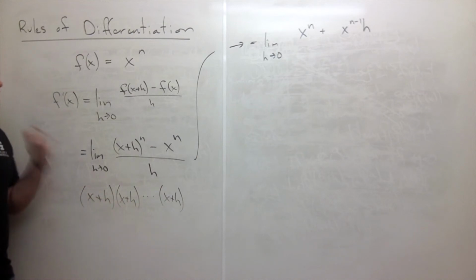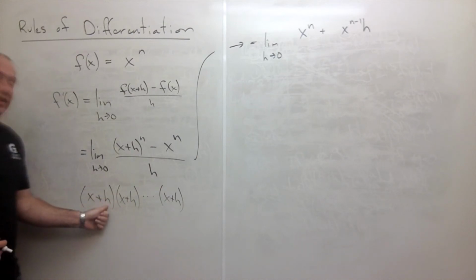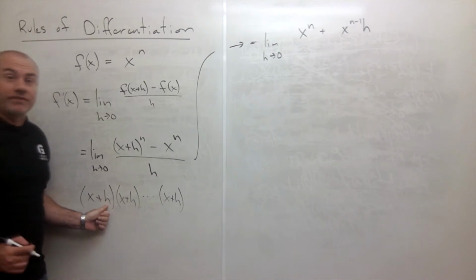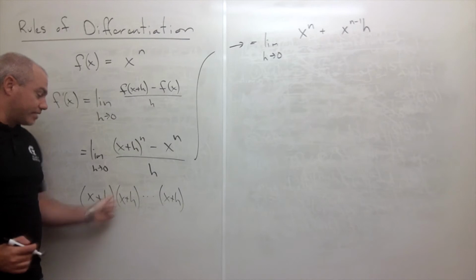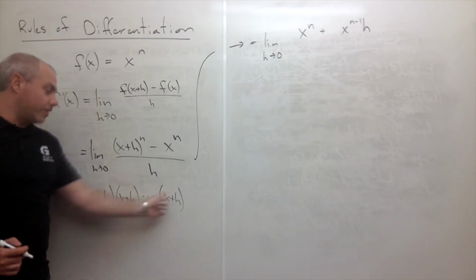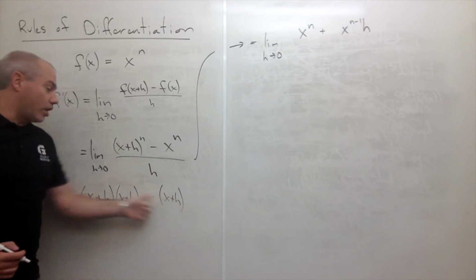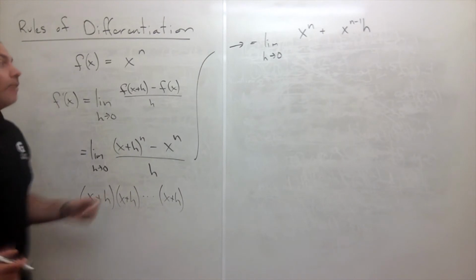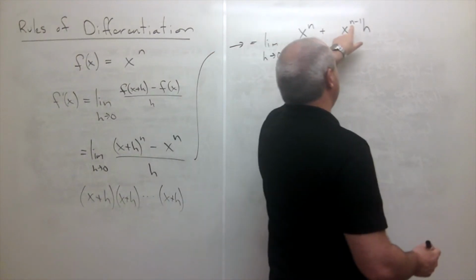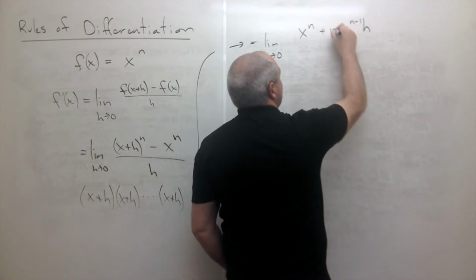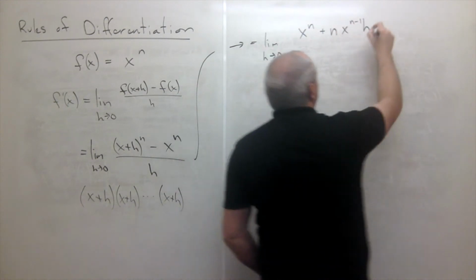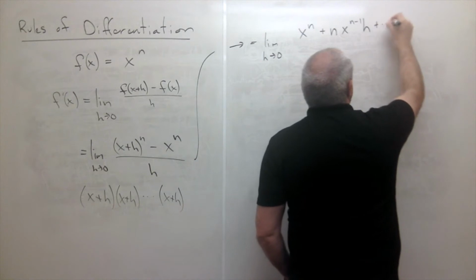How many different ways can I choose one of the h's to multiply by the rest of the x's? Well, I could choose this h to multiply by all the x's, or this one, or this one, or this one, and there are n of them. So how many x to the n minus 1 times h's are there? There would be n of them, plus some stuff.